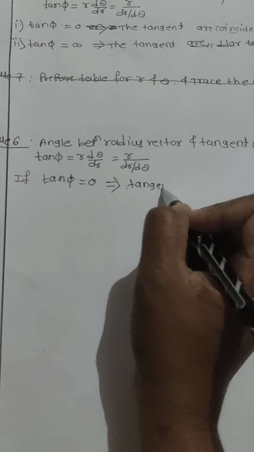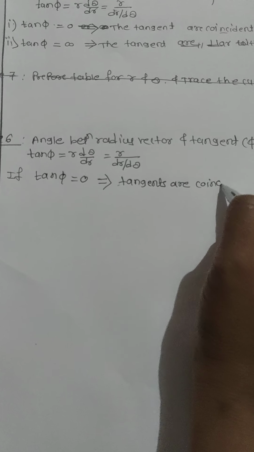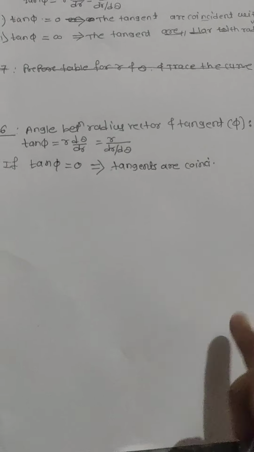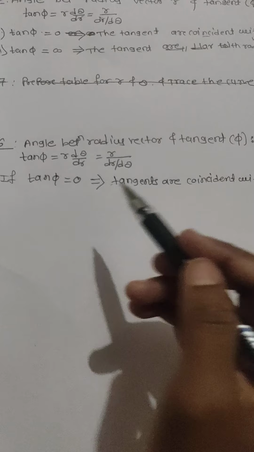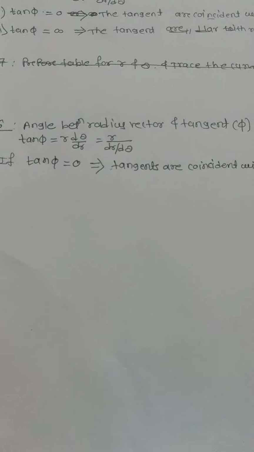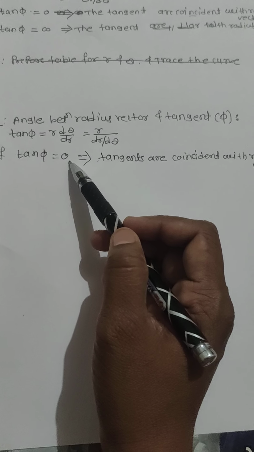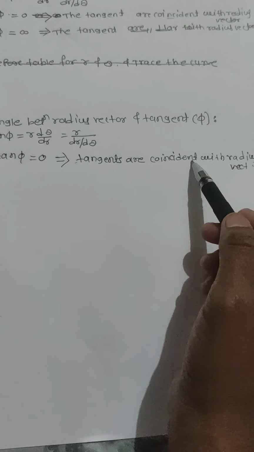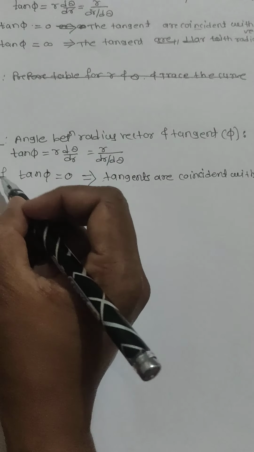If tan phi equal to 0, what is phi? Phi equal to tan inverse 0, and the value of tan inverse 0 is 0. That means the initial line. So we say that the tangents are coincident with the radius vector, that is, in the same position.